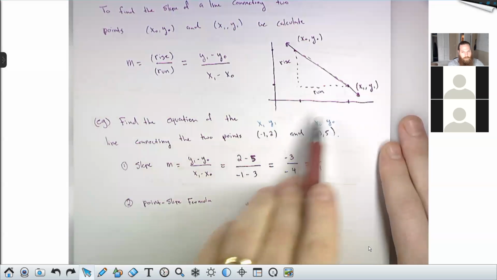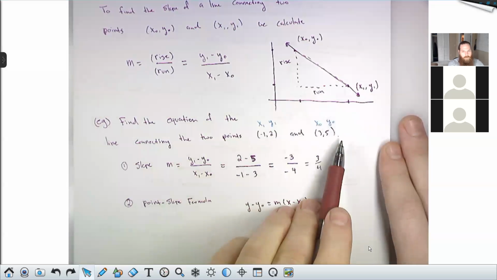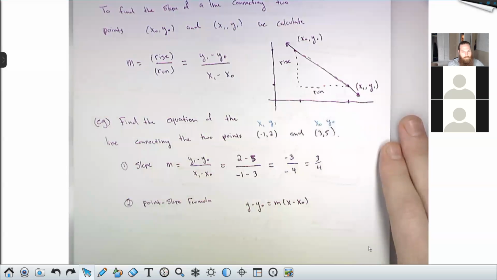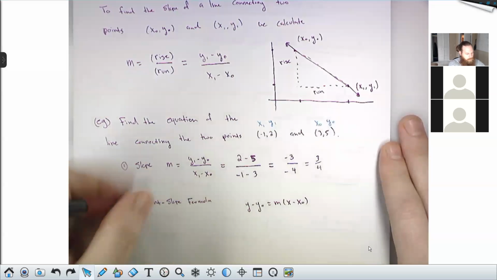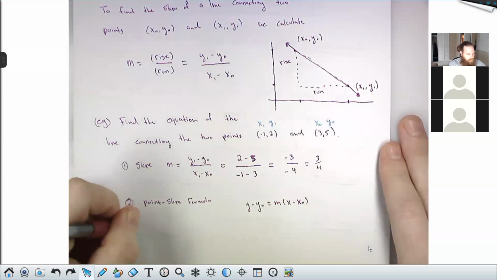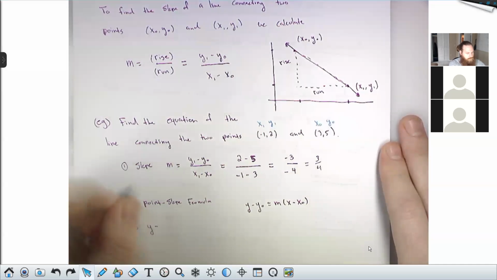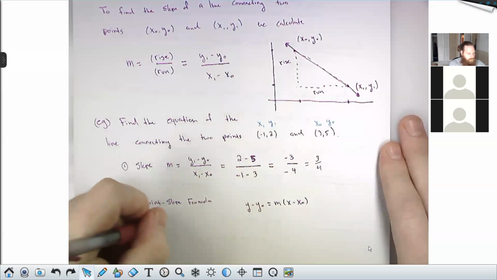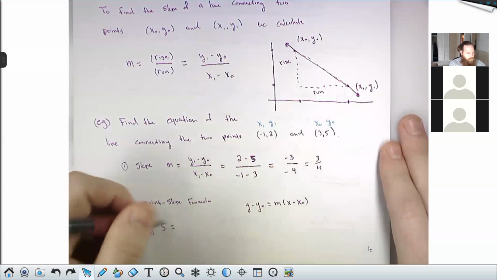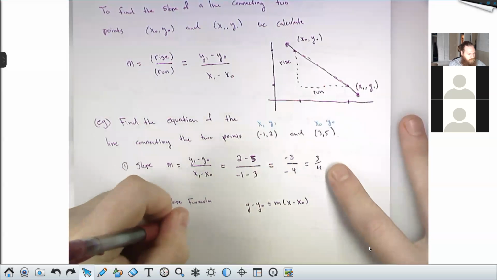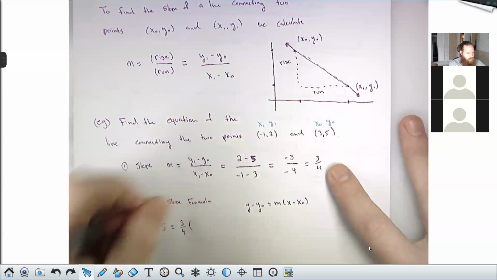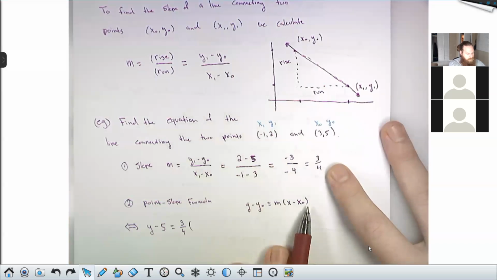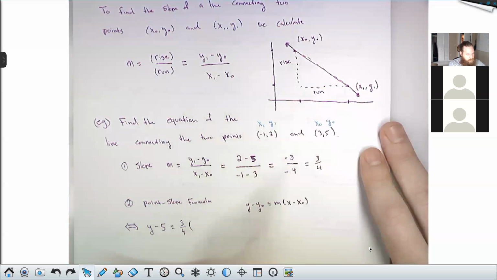And since I've already labeled this point as x0, y0, I might as well use those here. M is the number we just calculated, 3/4. So we get that y minus 5, that's y0, is equal to m, which is 3/4, times x minus x0. Well, that's going to be x minus 3.